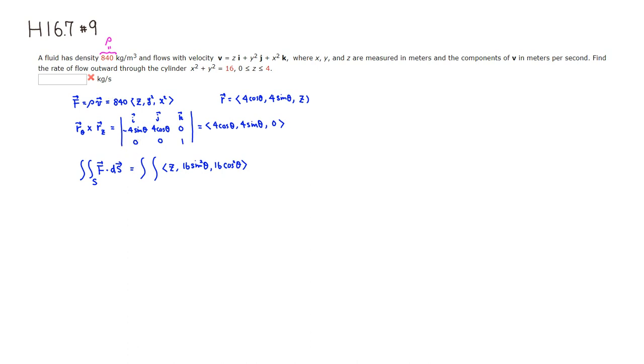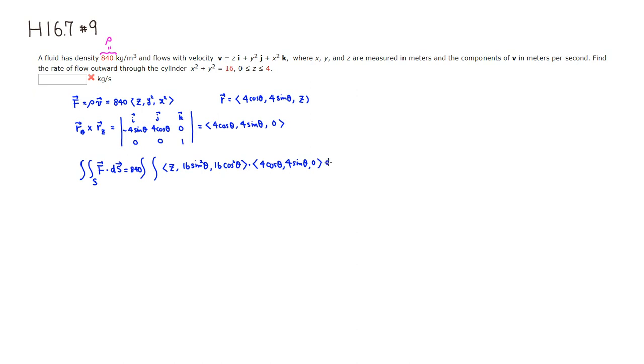I actually need a little bit more room here, so I'm going to put 840 here. And then the dot product with this cross product, so 4 cosine of theta, 4 sine of theta, 0.